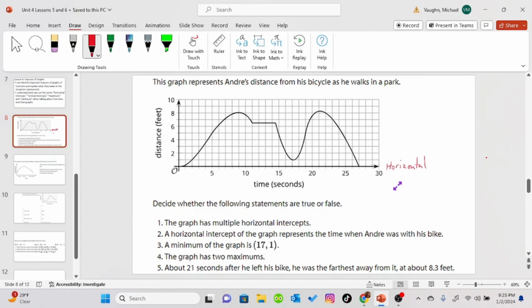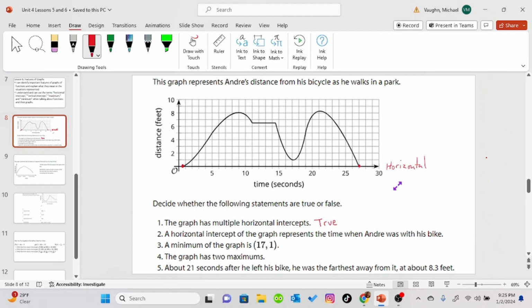And an intercept means the graph touches the horizontal axis. And we see that happen right here, down at about 0.5, and we see it happen down here at about 27. So there are two horizontal intercepts, so number 1 is true.